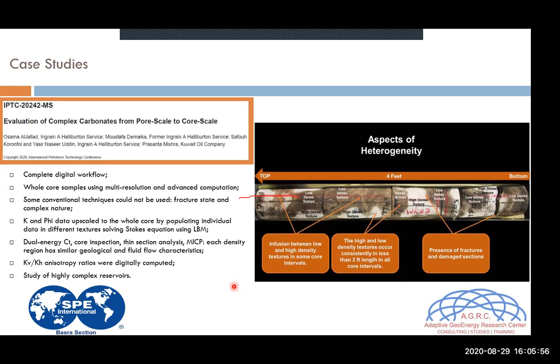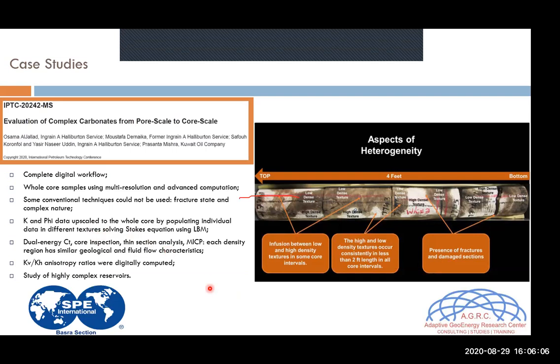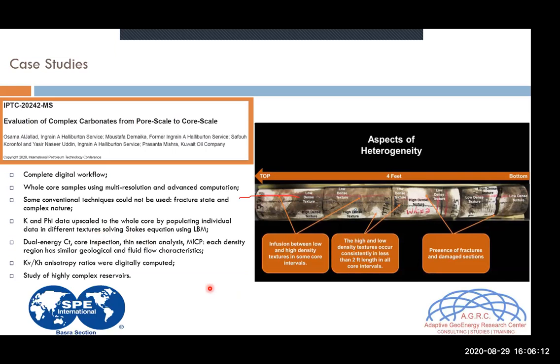And then we can compute this kind of anisotropy between the vertical and horizontal permeabilities, and you try to correlate the anisotropy ratio. And at the end of this paper, they discuss the possibility of using this for highly complex reservoirs. Here in Brazil, you can use this for the pre-salt region, where you have these highly complex carbonate rock reservoirs.